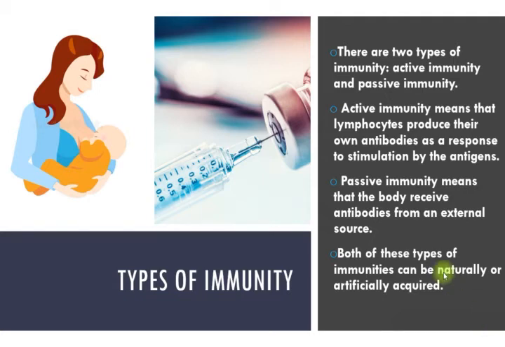So make sure you remember that active immunity means the body produces antibodies, whereas passive immunity means the body receives antibodies from outside. Both of these types of immunity can be naturally or artificially acquired.